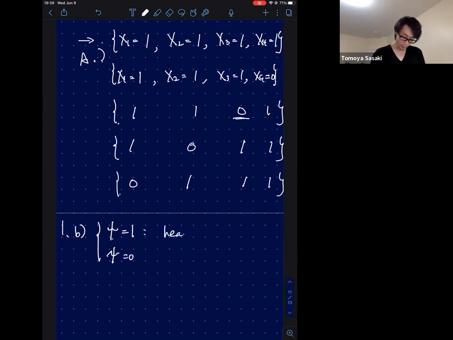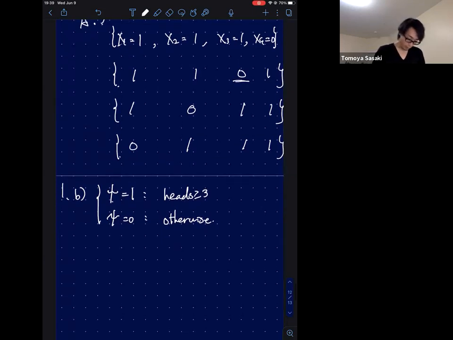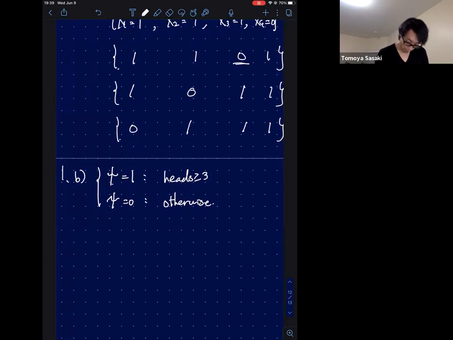If heads is greater than 3, then we're going to say psi is equal to 1. And if not, we'll say psi is equal to 0.